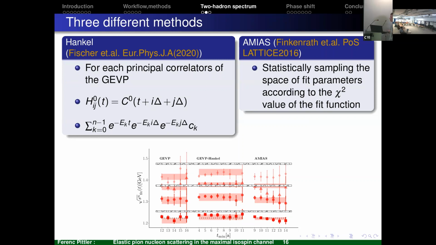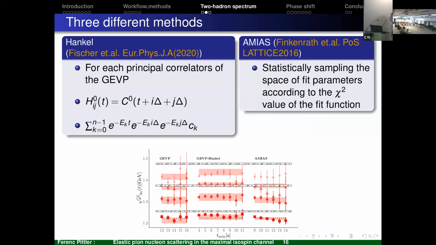this has to be estimated really correctly, taking into account errors from fit ranges and from the operator basis as precisely as possible. For this reason, we actually use three methods to extract energy levels. The first is the usual GEVP that I was talking about.